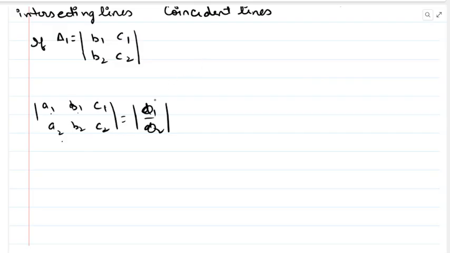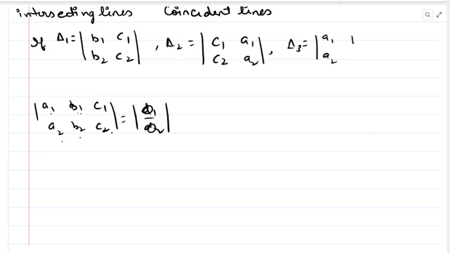Okay, so del 1 is equal to b1 c1 b2 c2, and del 2 is equal to c1 c2 a1 a2. Similarly, del 3 is equal to a1 b1 a2 b2.